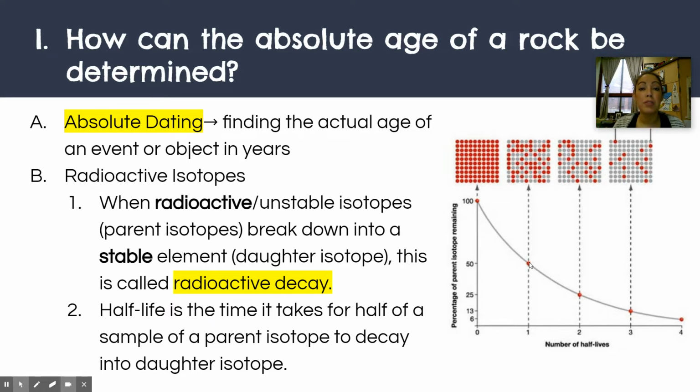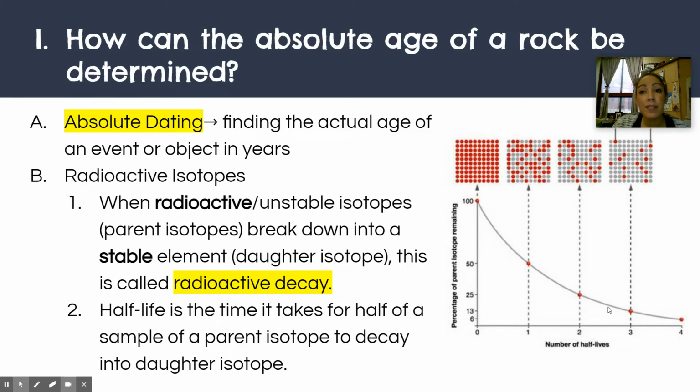but 50% of it has also broken down and become stable daughter isotope. After another half-life, so the same amount of time has passed, but it's another half-life, that 50% gets cut in half again. So it goes from 50 to 25%. Now I have 25% radioactive parent left, but 75% of my total rock has turned into stable daughter isotope.